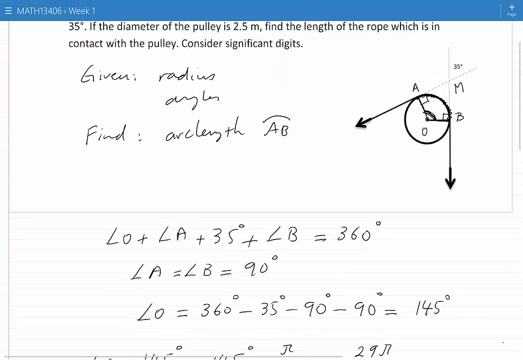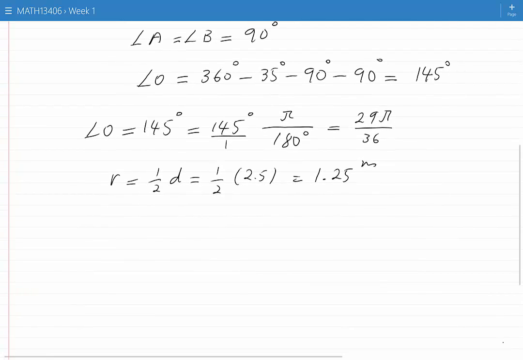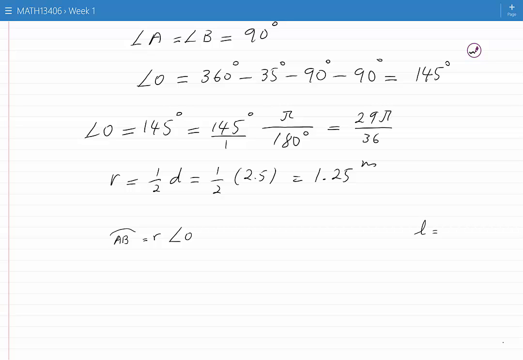The arc length AB is equal to the radius times the angle facing the arc length. Therefore, I can say that AB is equal to the radius times the angle. Or in fact, I am writing L is equal to R alpha, or L is equal to R theta, which you may be more familiar with, but these are essentially the same.